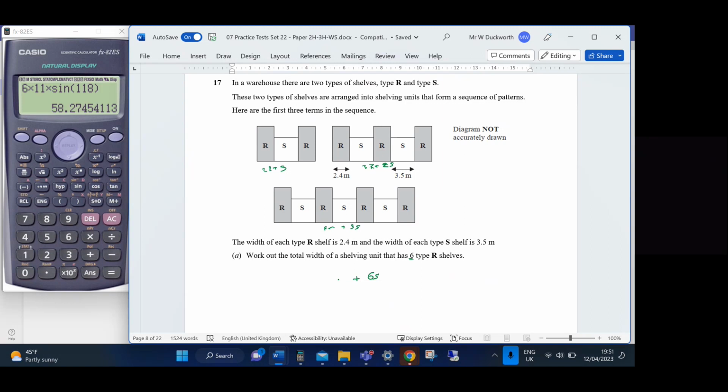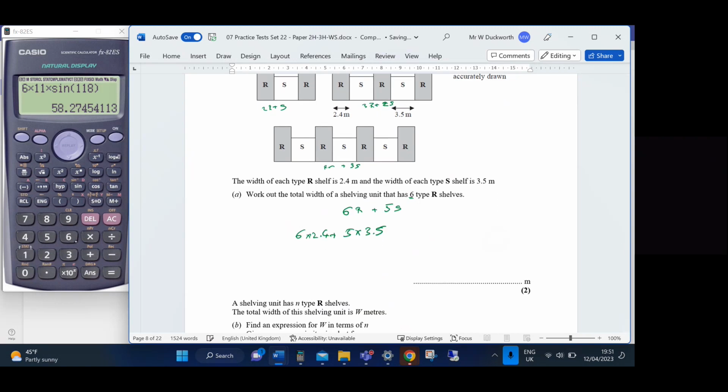That's actually going to be the 5th pattern, and it would contain 6 lots of R and 5 lots of S. So that's going to be 6 times 2.4 plus 5 times 3.5. I'm looking at a total width of 31.9 meters.